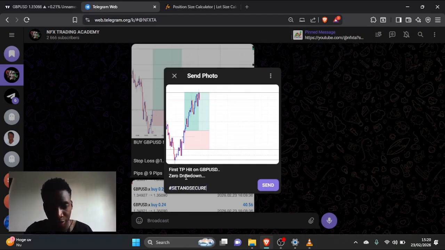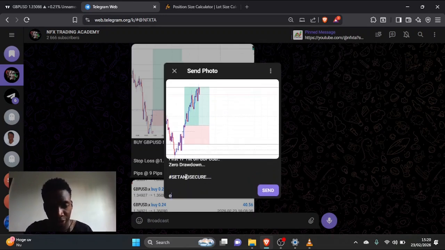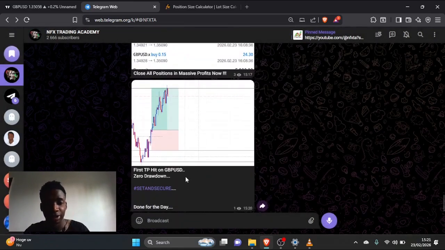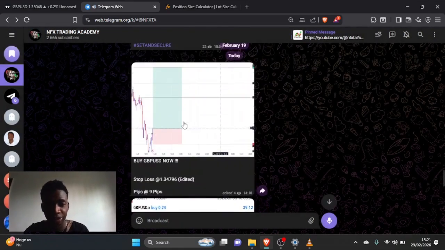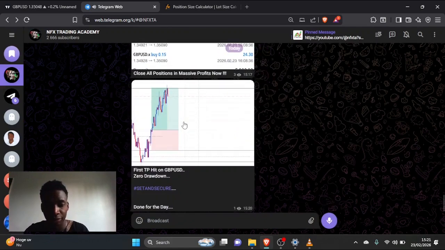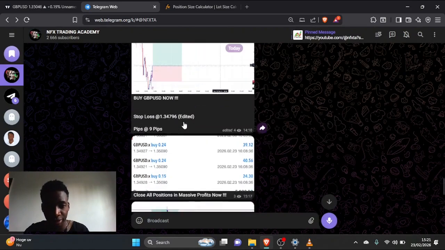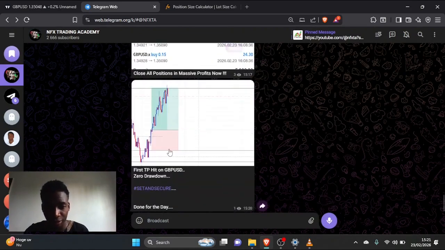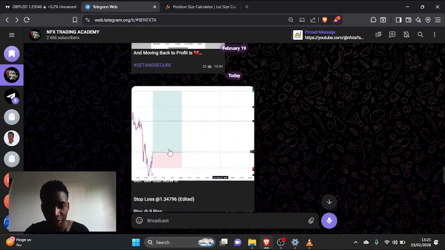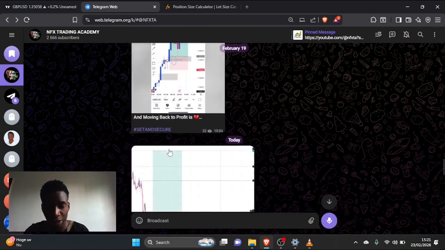Second section. Done for the day. Right, as you can see, the before by the periods now and the after, the TP and the periods. Same analysis, same entry. Very cool, right? Very, very cool.